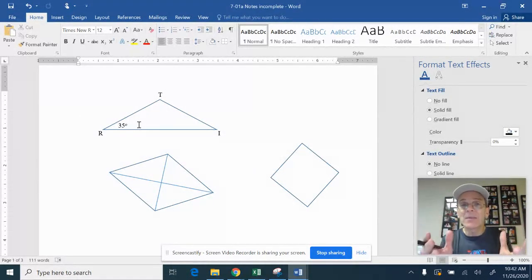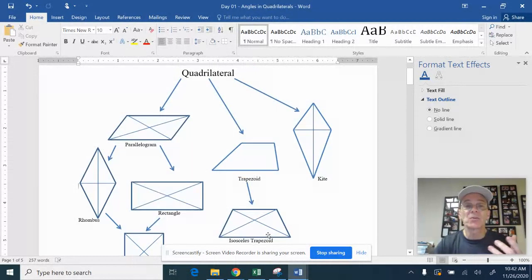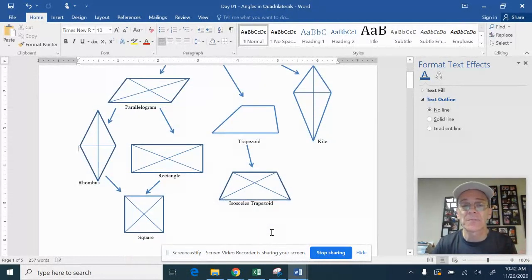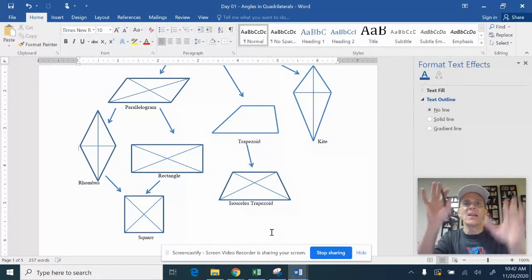And that same idea is true about all of these special kinds of quadrilaterals here. If I tell you that something is a parallelogram, I don't just give you a quadrilateral and say nothing about it.